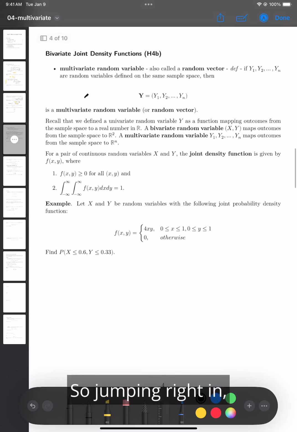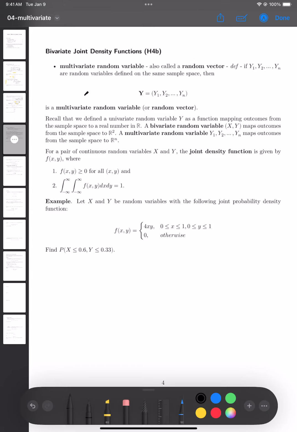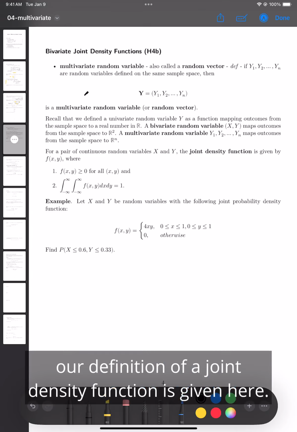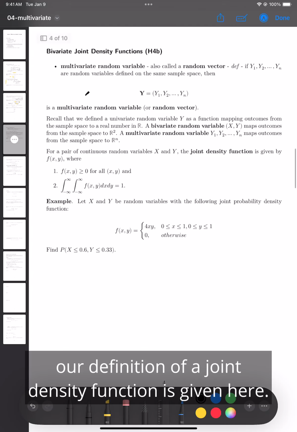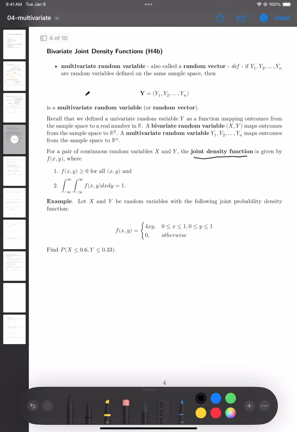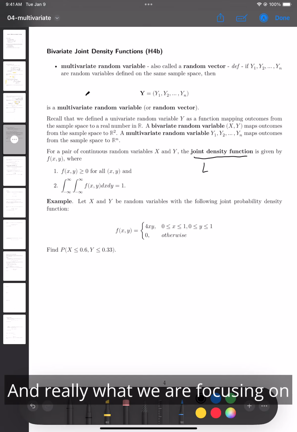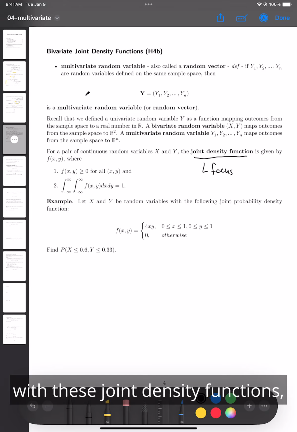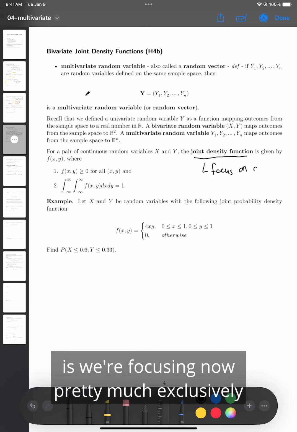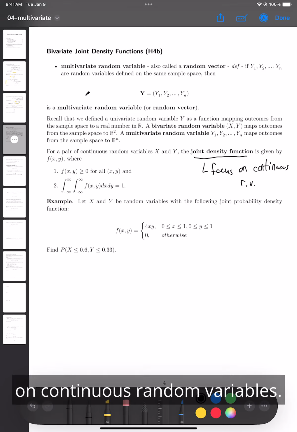So jumping right in, our definition of a joint density function is given here. And really what we are focusing on with these joint density functions is we're focusing now pretty much exclusively on continuous random variables.